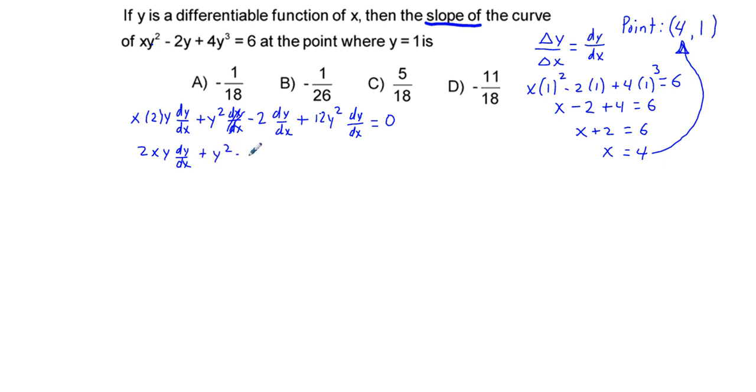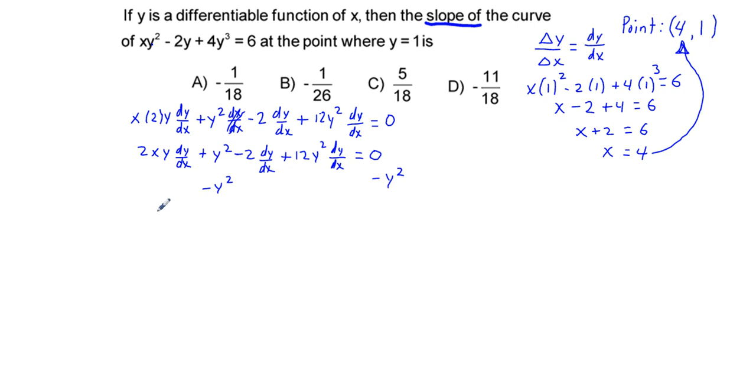And then we're going to have minus 2 dy/dx, and then plus 12y squared dy/dx is equal to 0. Now we're just going to leave everything with a dy/dx on the left, and everything without a dy/dx is going to go to the right. So the only thing we have without a dy/dx is this y squared. So we're going to subtract y squared from both sides of the equation.